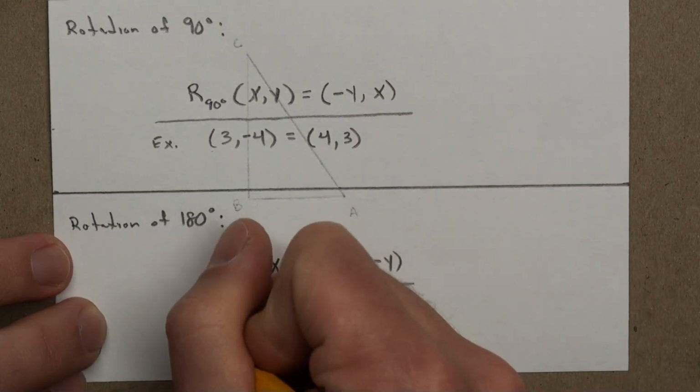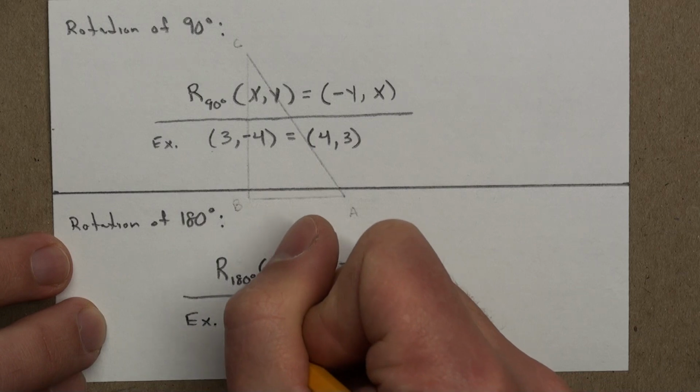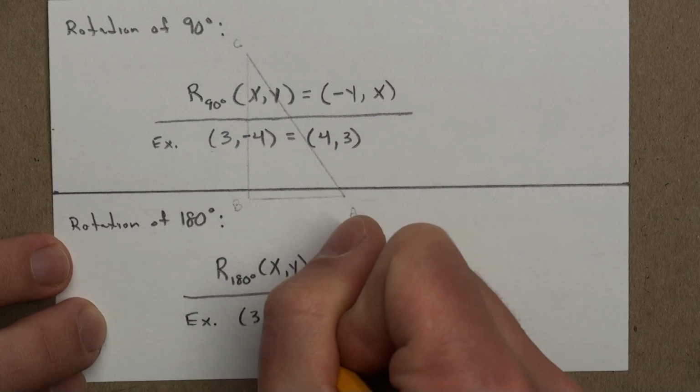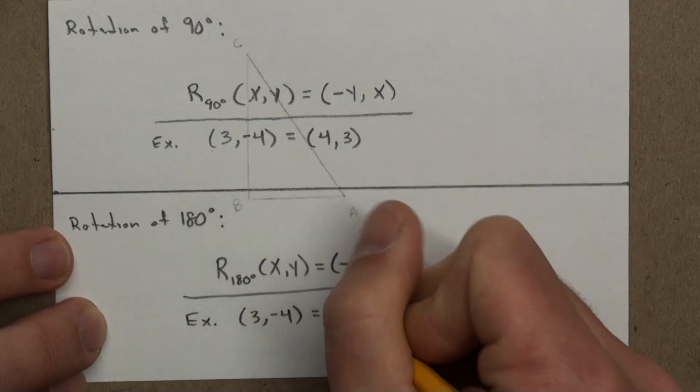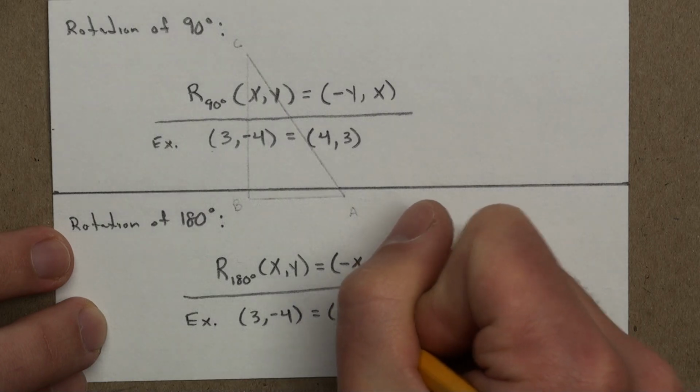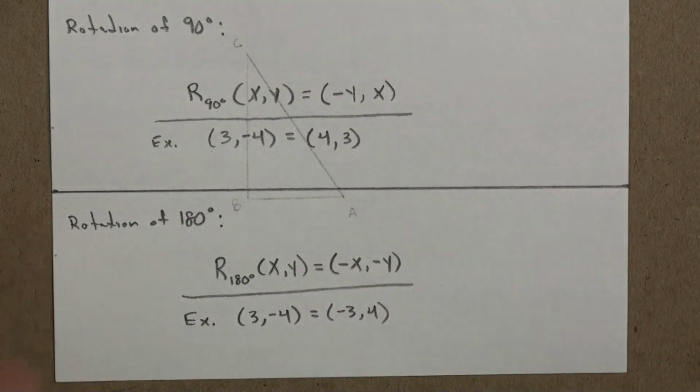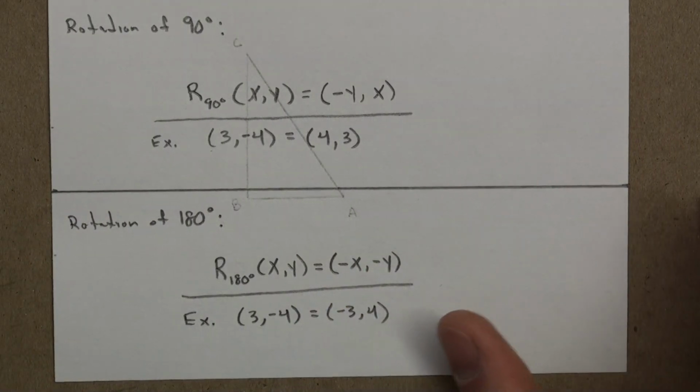So as an example, if we take that same point 3 comma negative 4, we would get negative 3 comma 4. Okay? Now we have one more card about rotations. So this is 144.